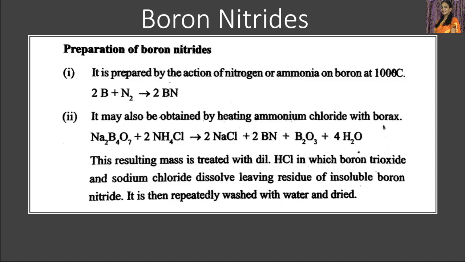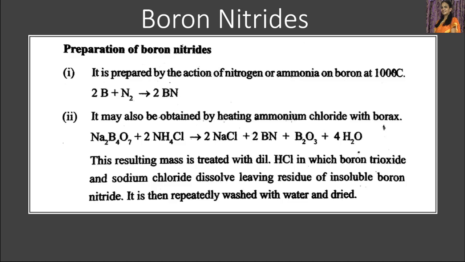It may also be obtained by heating ammonium chloride with borax, Na2B4O7. This is the second preparation. When treated with ammonium chloride, we get boron nitride.